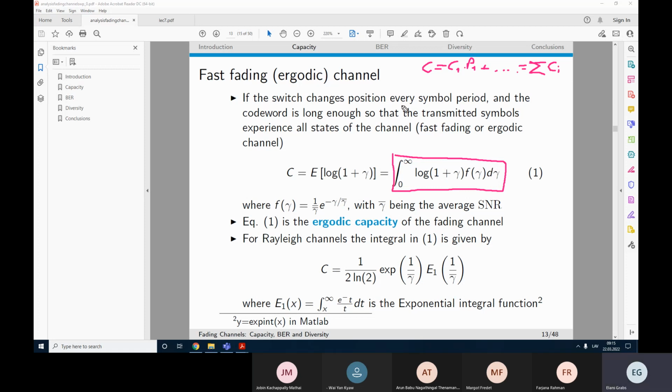which can be calculated by this formula, log2(1 + gamma i), and probability Pi, which is a function of gamma i.